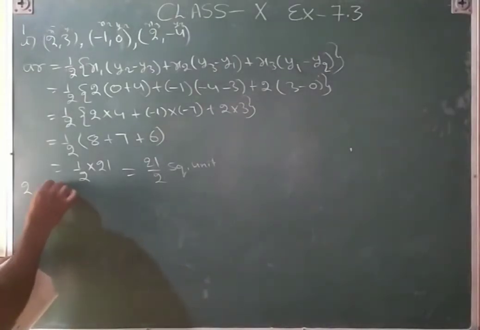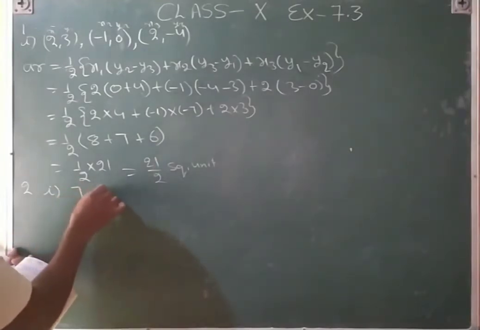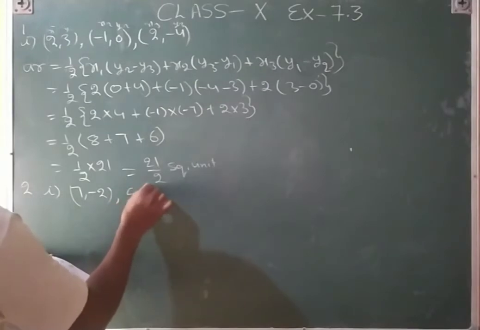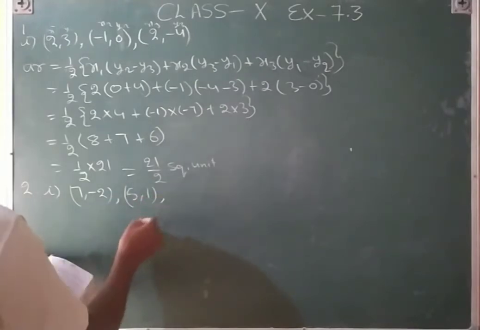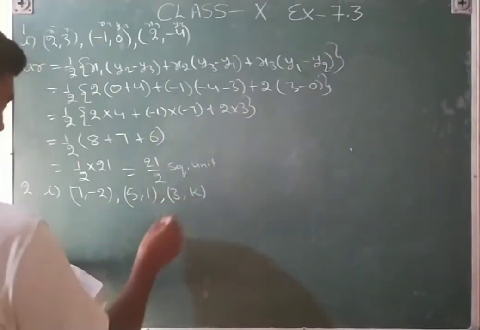So the first part is the points (7, -2), (5, 1), and (3k, 3)... that is, (3, k).